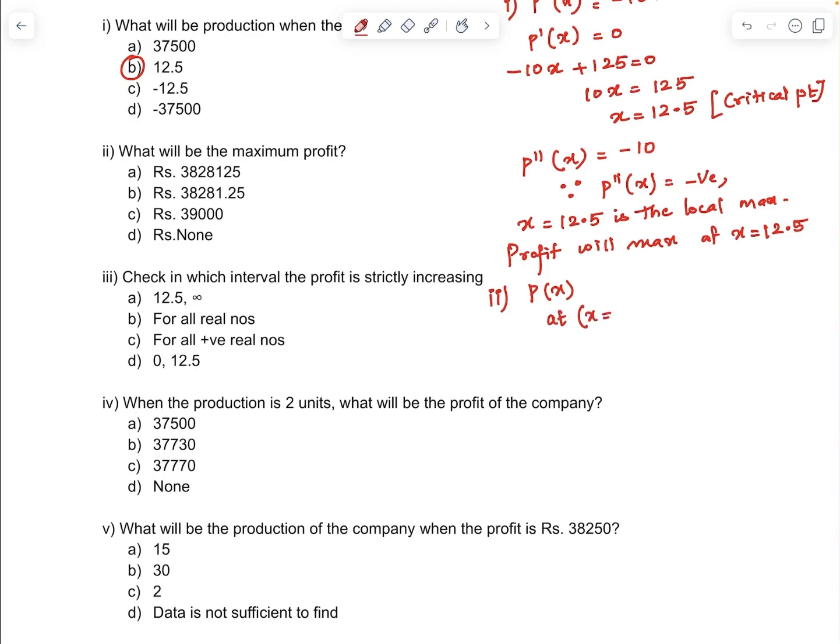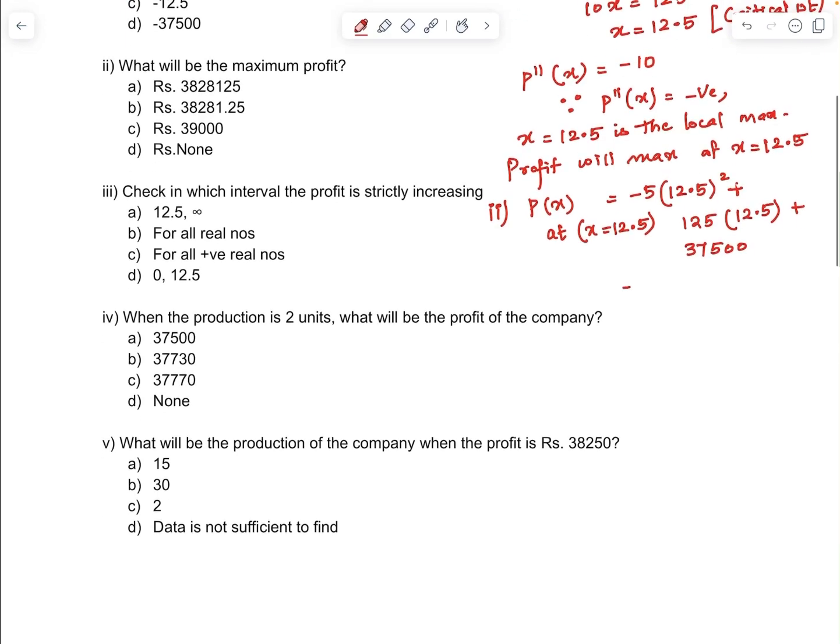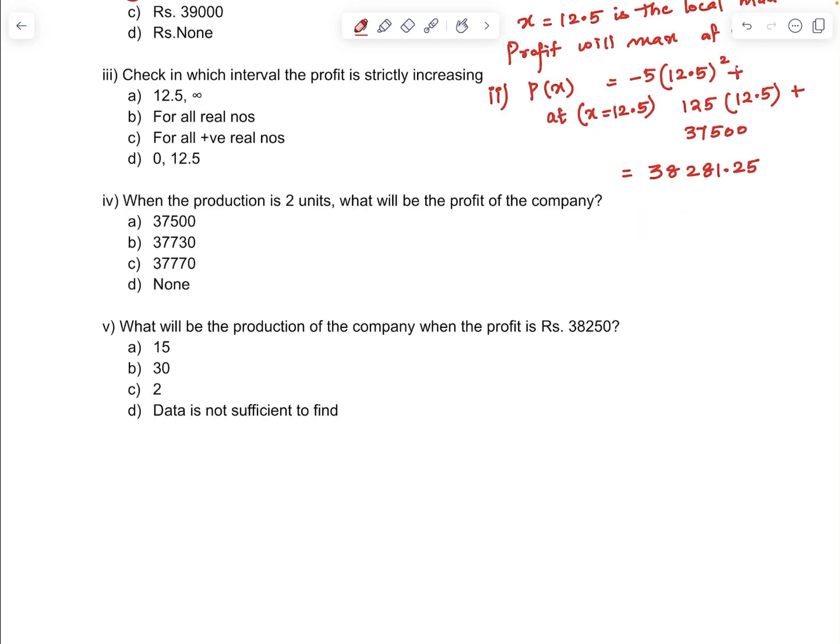P of x at x equal to 12.5 is minus 5 times 12.5 the whole square plus 125 times 12.5 plus 37,500. On calculating this, we get 38281.25.